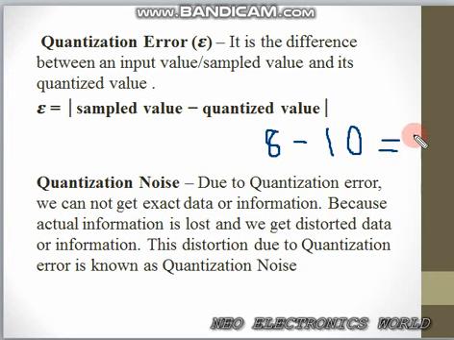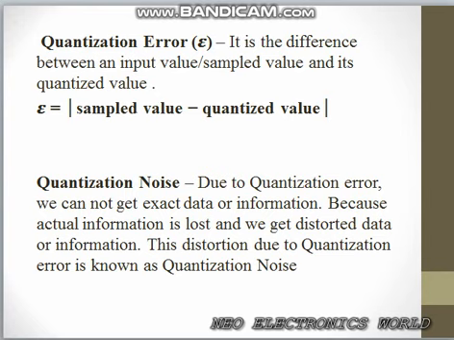It will be 2. How? 8 minus 10 equals negative 2, and its magnitude is taken, so it is 2. Okay, am I clear? That is quantization error.